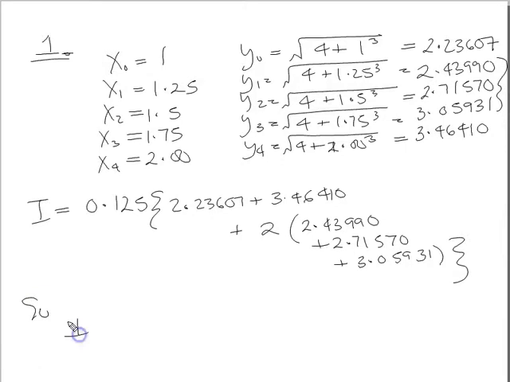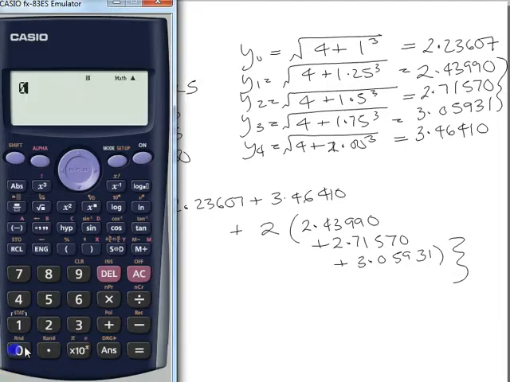So the integral equals, so let's tap this all into a calculator then. So it was 0.125 times bracket, and that was 2.23607, wasn't it? Plus 3.46410, plus 2 times bracket.